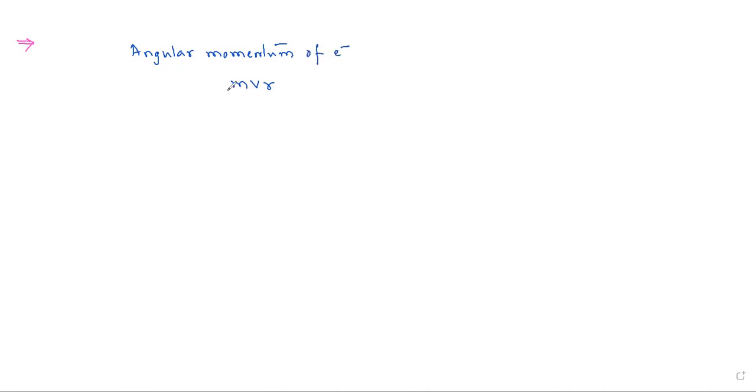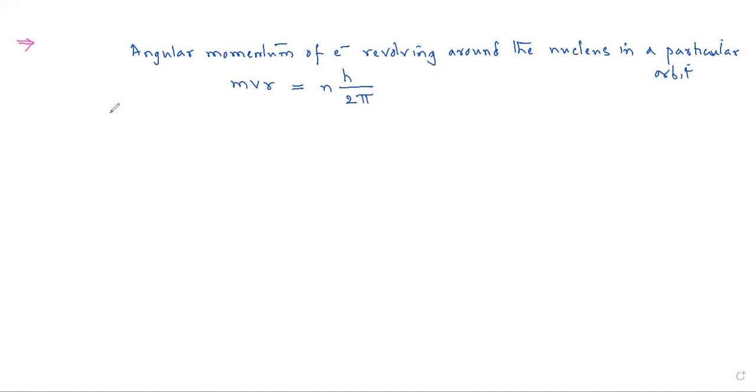Angular momentum of electron MVR, angular momentum of electron revolving around the nucleus in a particular orbit must be equal to integral multiples of h by 2 pi.